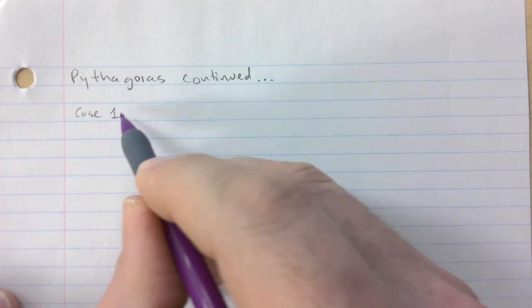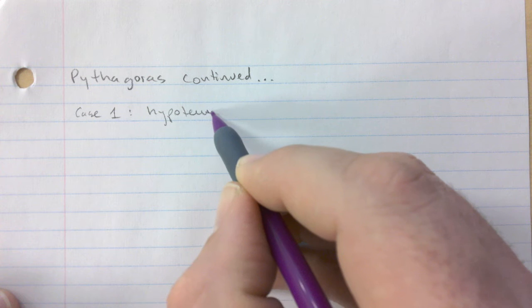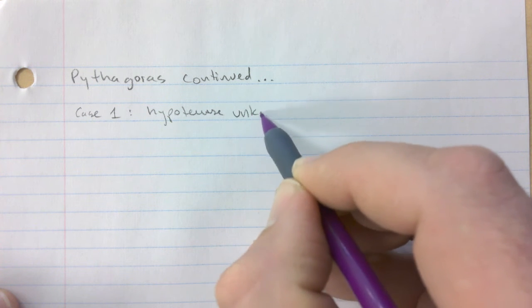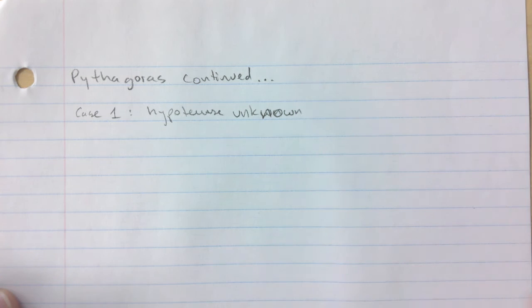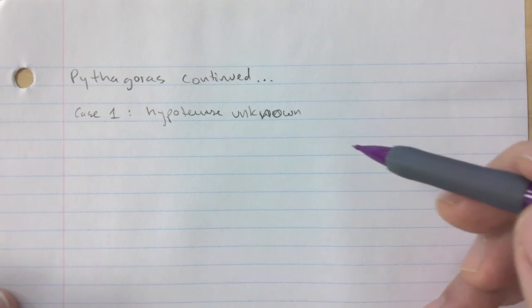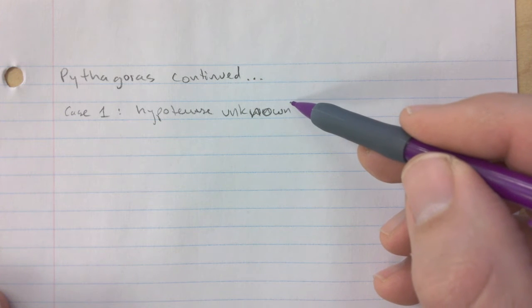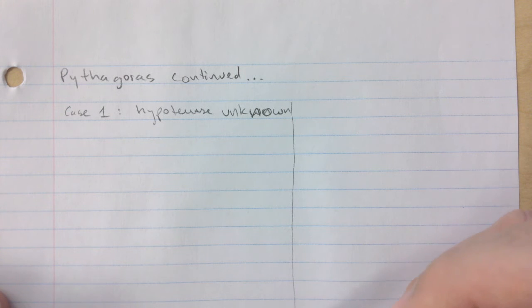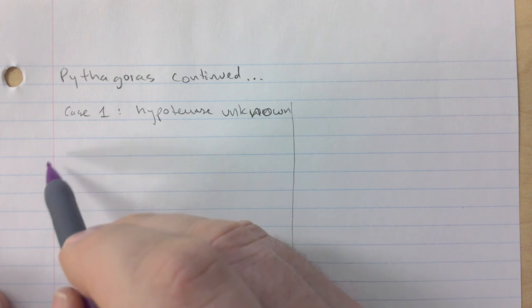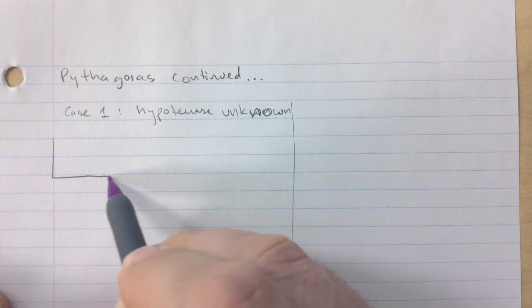Case 1, hypotenuse unknown. I'm going to split it here. So let's just start with the way you're used to it.